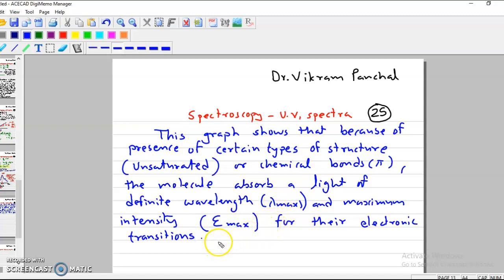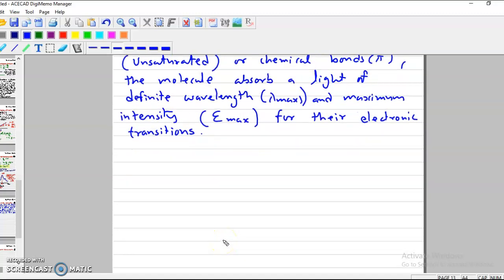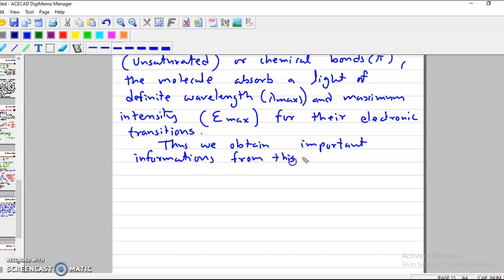Okay, so that is very, very important, and thus we obtain important information from this graph as follows.